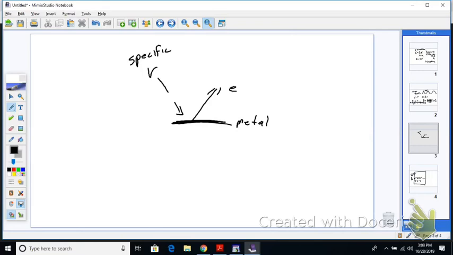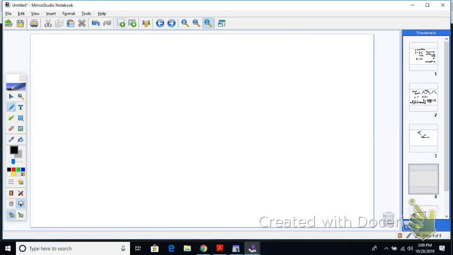So, all right. Here's the deal. We have hydrogen gas in here. Okay? And then on this side we have negative, and over here this side we have positive.